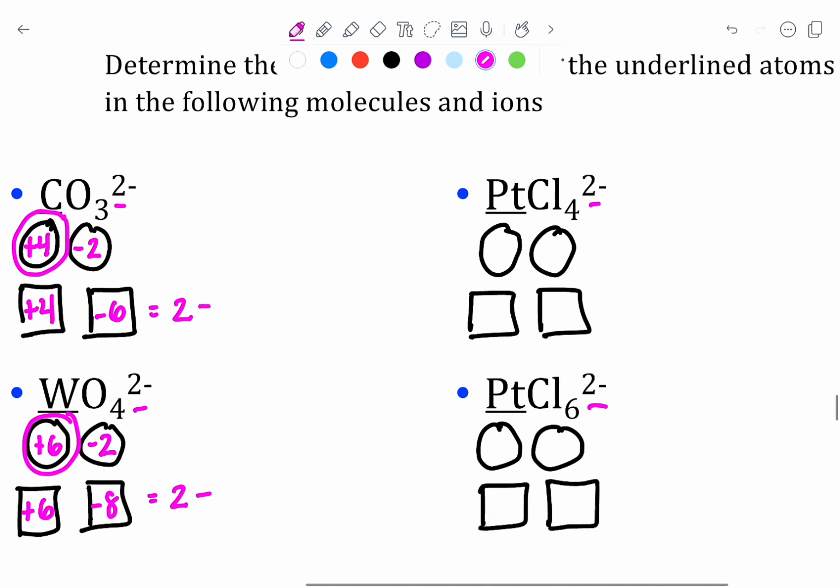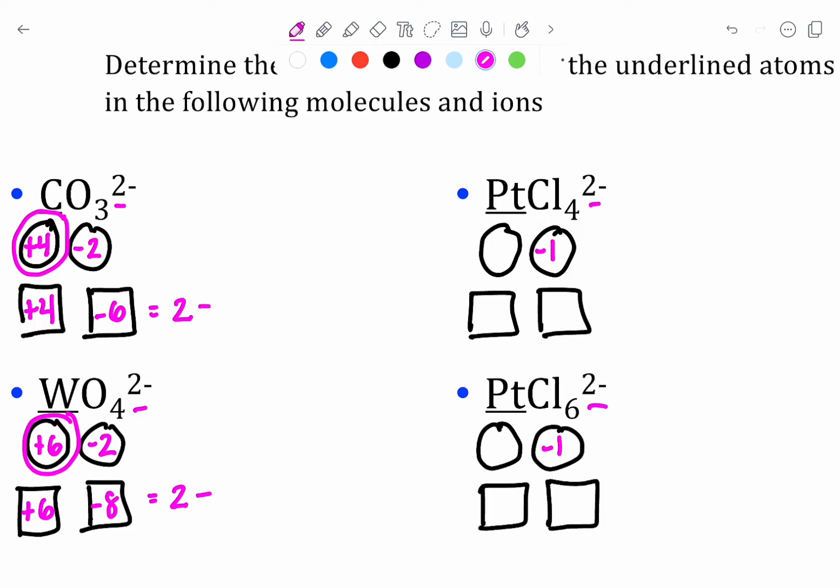We next have platinum and chlorine, and we have 2 examples of those, where the only thing we change is the number of chlorine. Our charge is the same, but our chlorines are different. So we're going to follow our chlorine rule, the group 17 rule, which says that it is -1.